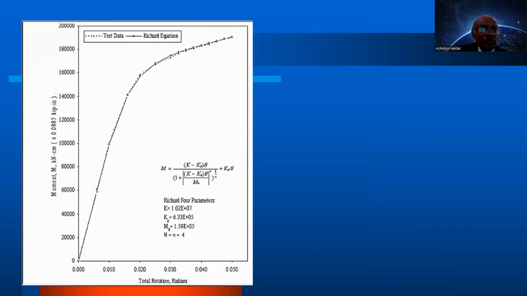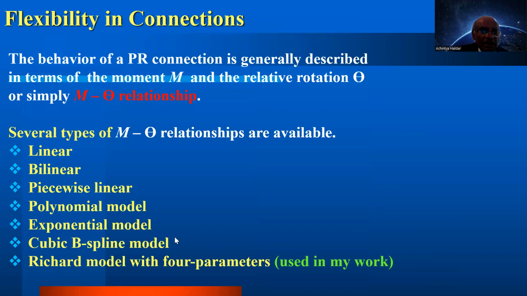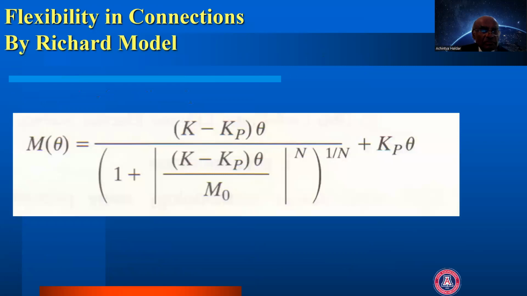And many times when we have this moment flexible connection, we express it by moment rotation curve or M-theta curve, and we can use that M-theta curve in many different ways. I have seen people use linear, bilinear, piecewise linear, polynomial, exponential, cubic B-spline, and Richard model with 4 parameters, and I used it in my work.